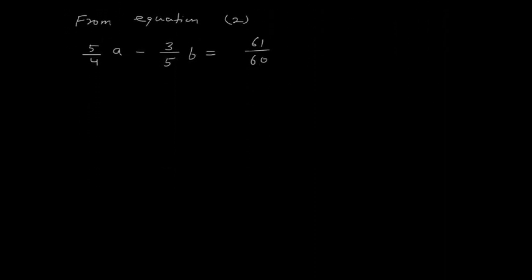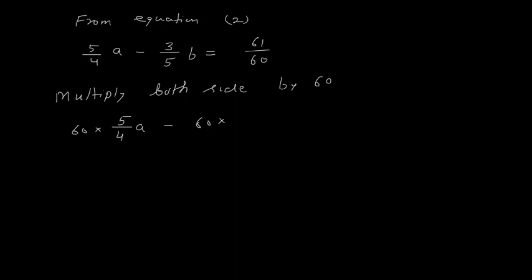So let us multiply both the sides by 60. So I will get 60 into 5 upon 4a minus 60 into 3 upon 5b is equal to 60 into 61 upon 60.